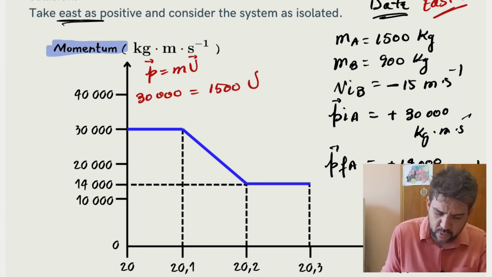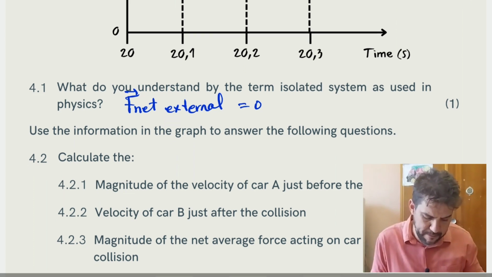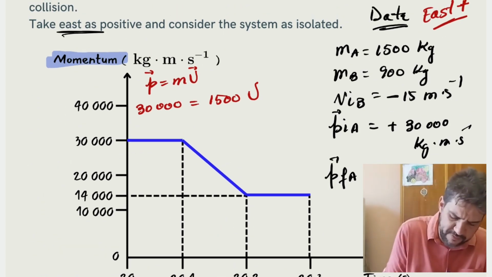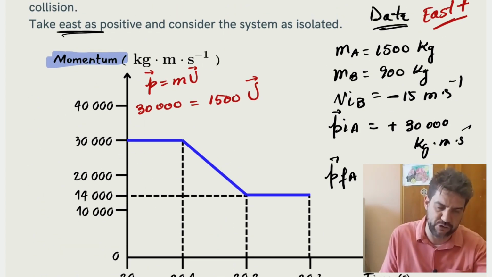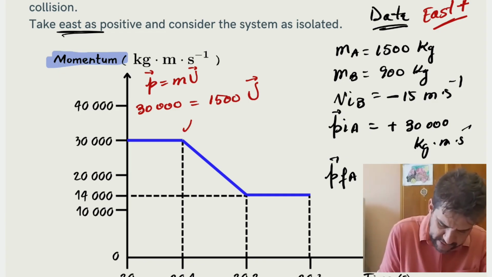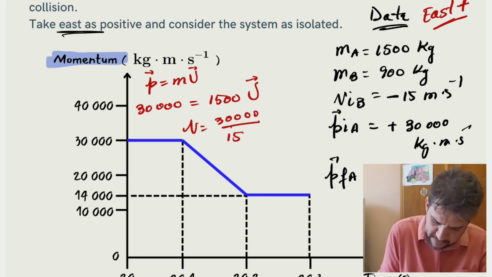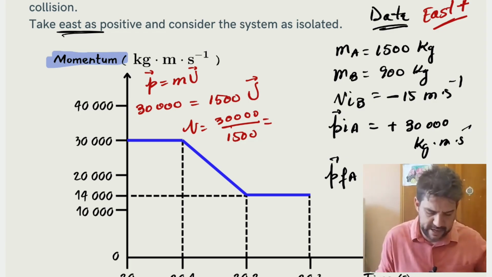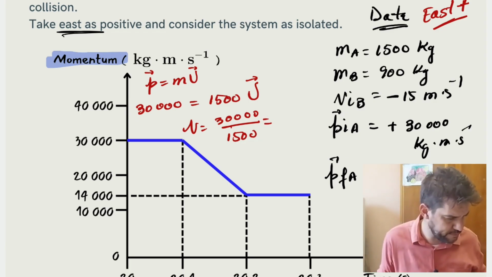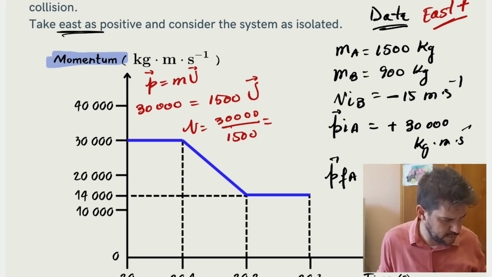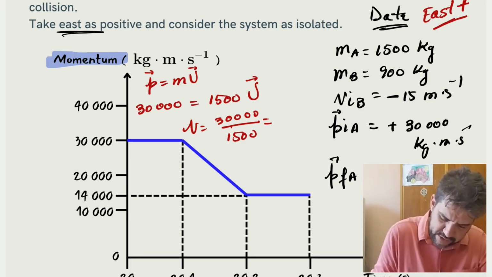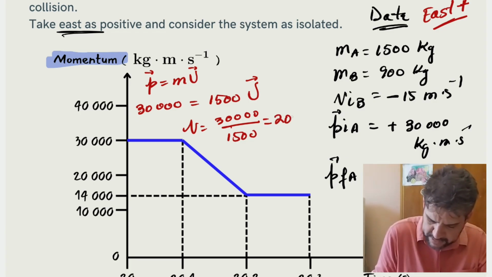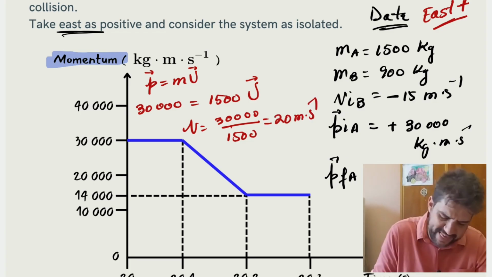The velocity, what you are looking for, they say magnitude of the velocity, so the final answer doesn't have a direction. So V is equal to 30,000 divided by 1,500, and the answer here is going to be 20. So the velocity is 20 meters per second without direction.